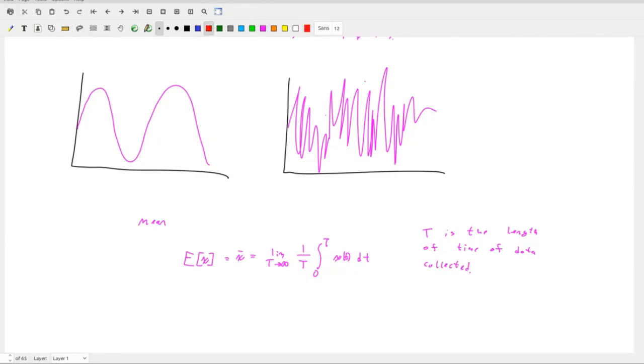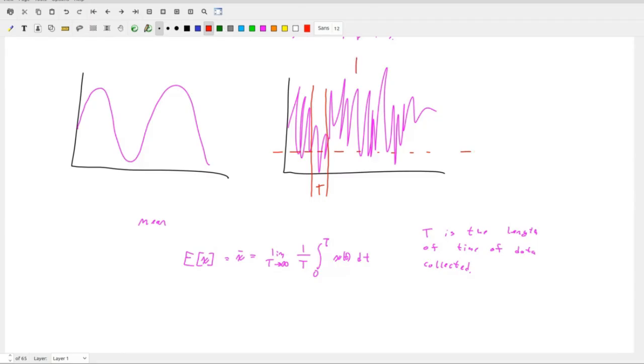Right? So that should make sense. If I collect my sample, let's get a good one, if I collect for this T, this is my average. Mathematically, that's correct. But I need to collect for a longer T to get a better average, right?